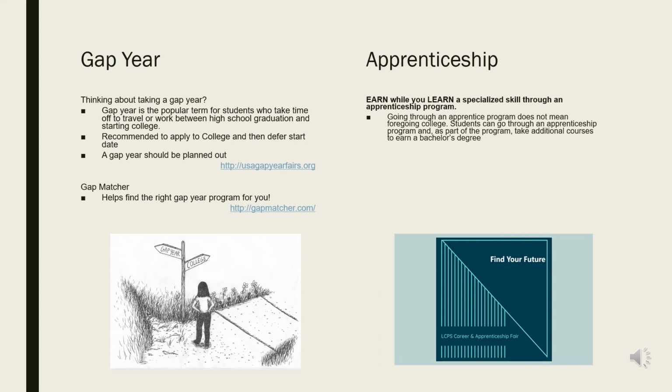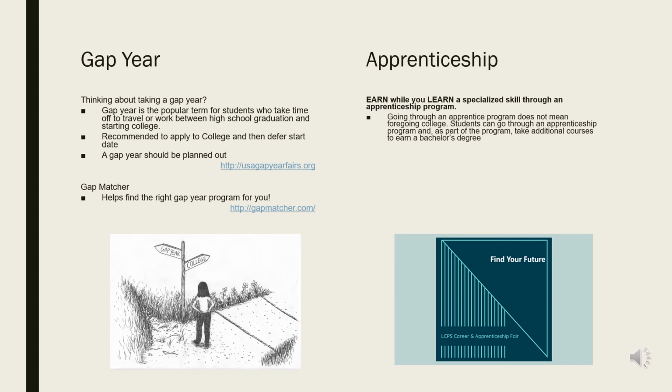Some other options are looking at either a gap year or an apprenticeship. For a gap year, students can take generally a year off between high school graduation and starting college. It's recommended that they still apply to college and defer their start date.